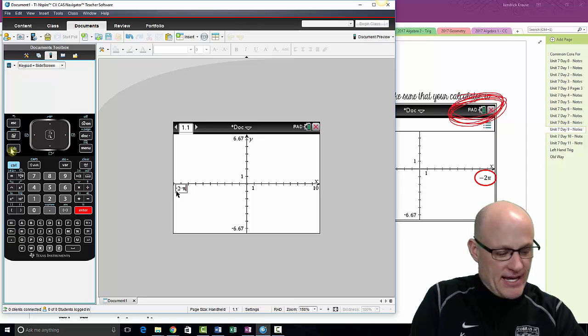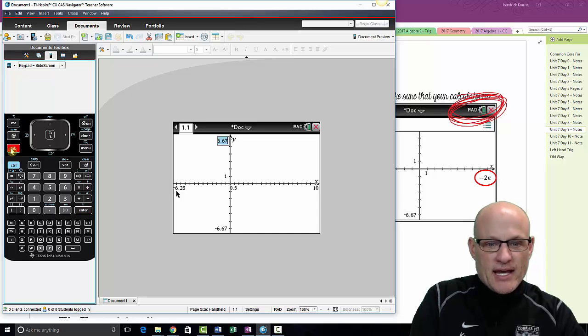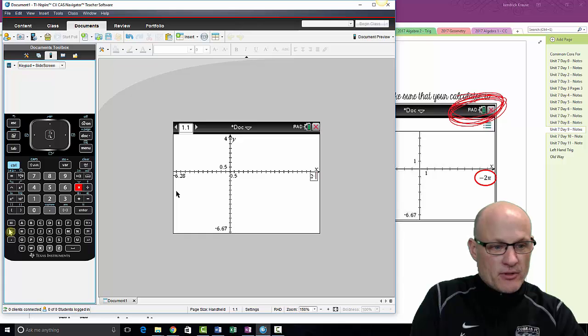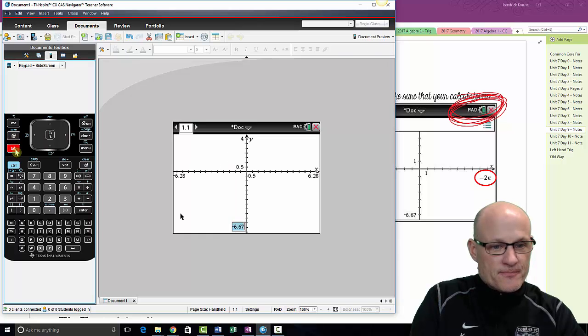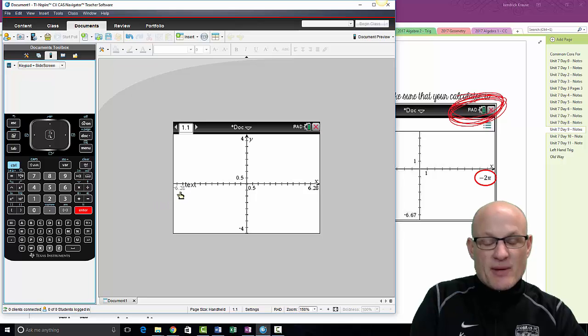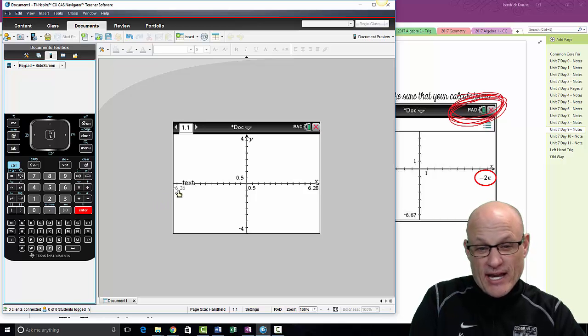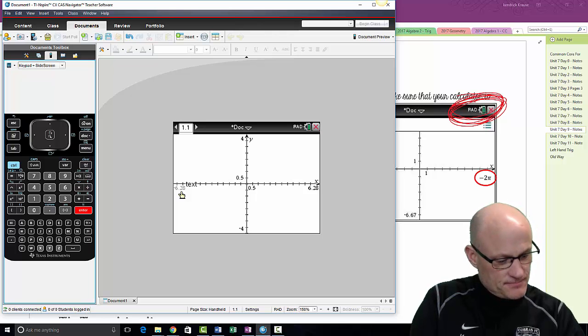Then I'm going to press my tab button, and let's make this 4. Doesn't really matter. Tab. This one should be 2 times pi. Now notice it's converting it to 6.28. That should come as no surprise to any of you, because pi is 3.14, so 2 pi would be 6.28.